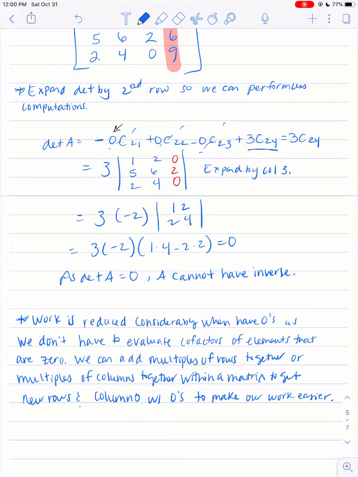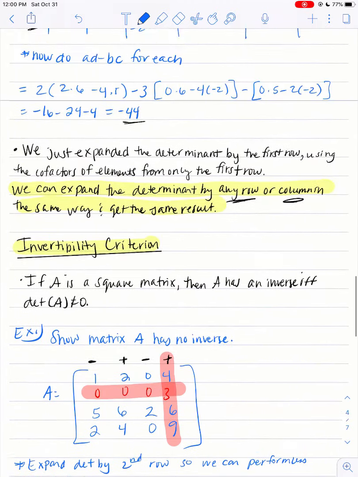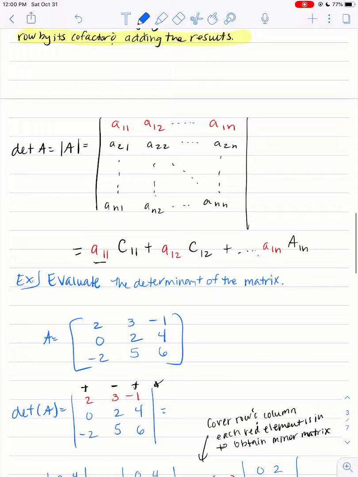So I'm going to go ahead and expand by column 3. My first element is 0, so that cofactor cancels, and my third element is 0, so that cofactor cancels. So I'm really only going to be using the 2 element. Let's look at our sign pattern.